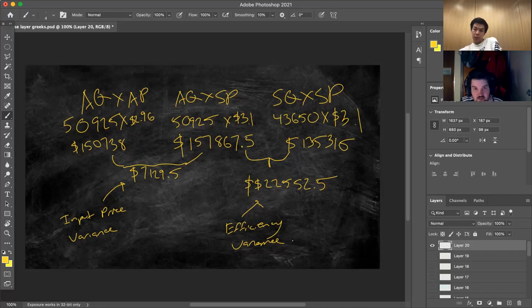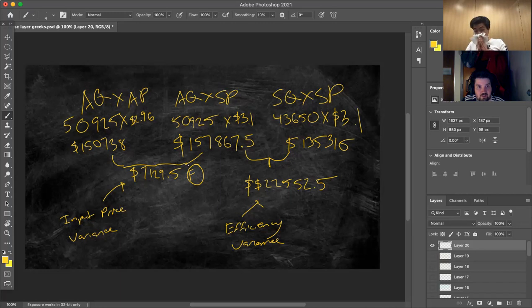And are these unfavorable or favorable? So the input price variance would be favorable because you want to compare the actual to the forecast.